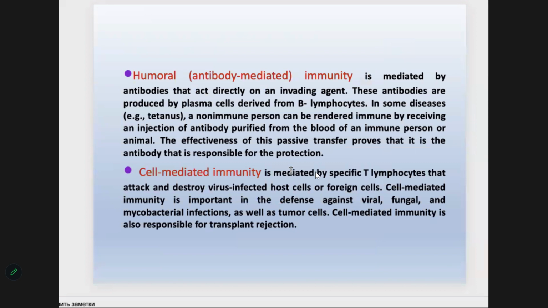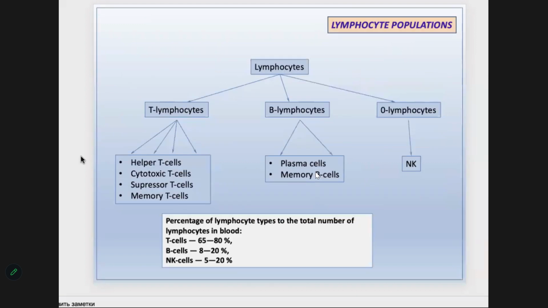And cell-mediated immune protection is mediated by T cytotoxic cells that attack and destroy foreign cells, virus-infected cells, cells of tumors, cells of transplants. So the cell-mediated immune response is created by cytotoxic T lymphocytes and also natural killers.